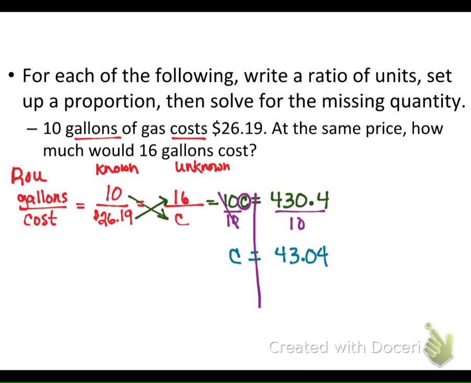You all agree? Okay. Now, what question did I answer? So how much does it cost? If I'm talking about cost, how am I going to write my final answer here? My dollar sign. So it's $43.04 for 16 gallons of gas.